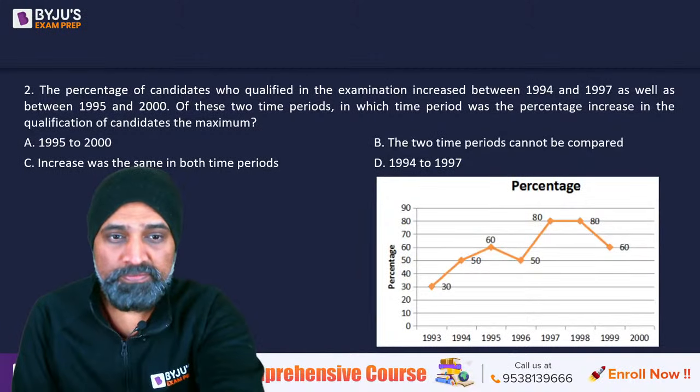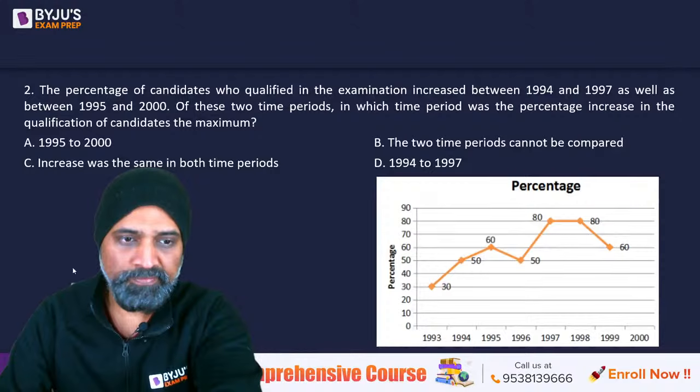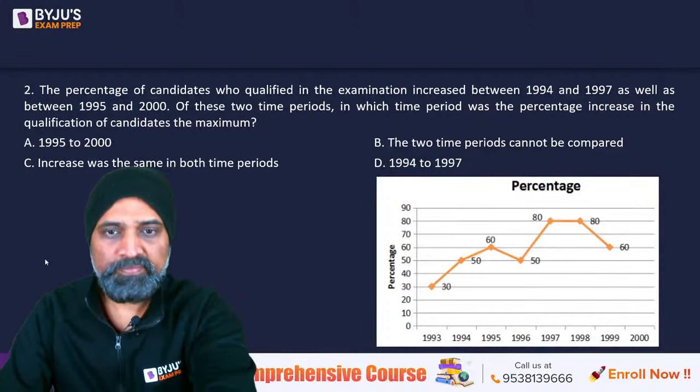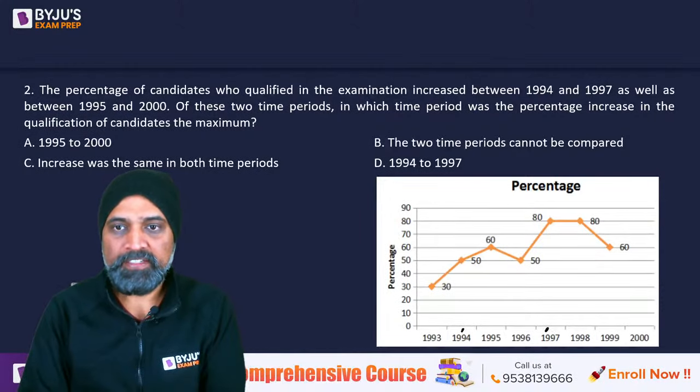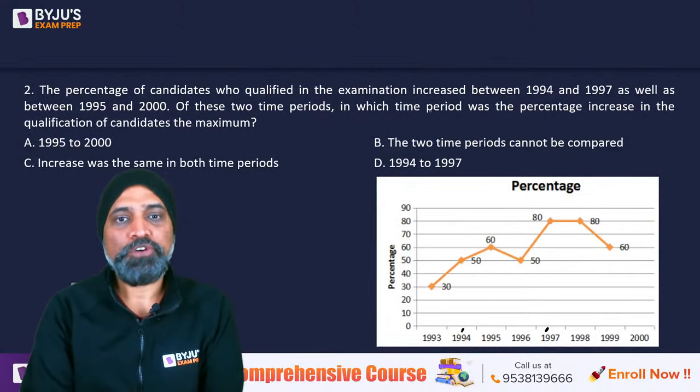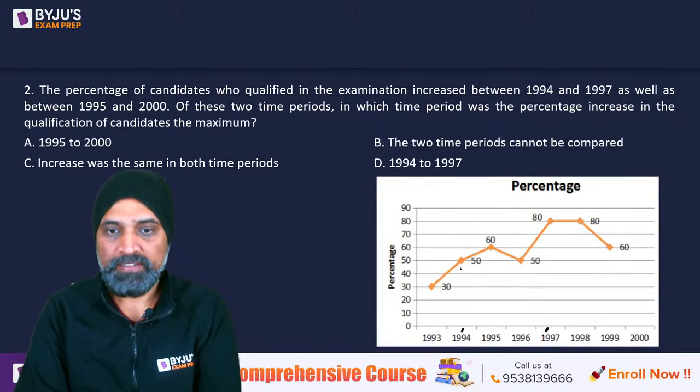So what do you think the answer is going to be? It says from 94 to 97, the percentage of candidates who qualified the exam increased, right?